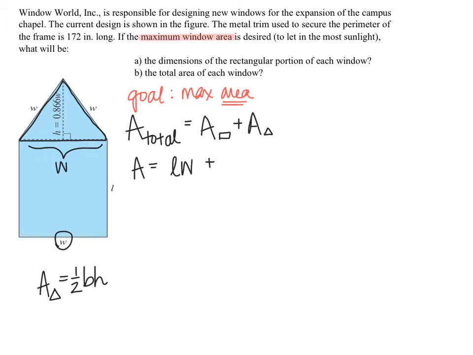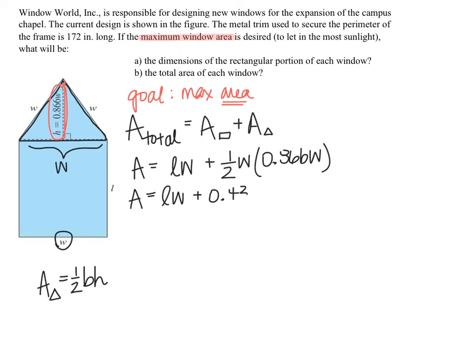And then the height of the triangle was already labeled here as H equals 0.866 W. So when we do our area formula, 1/2 base times height, the base is W, and then the height is going to be 0.866 W. So if I go ahead and multiply and simplify, we have L times W plus, I'll multiply 1/2 times 0.866, and that will be 0.433 W squared.